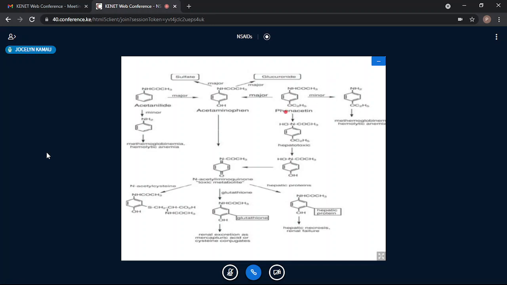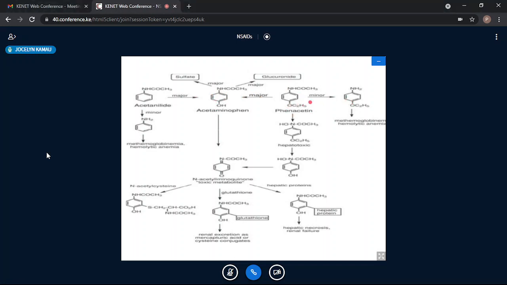We did mention phenacetin, and if you take phenacetin, it can also be metabolized to acetaminophen through oxidative N-dealkylation. That's an ether group oxidative N-dealkylation, and that's a major route that will give us acetaminophen.